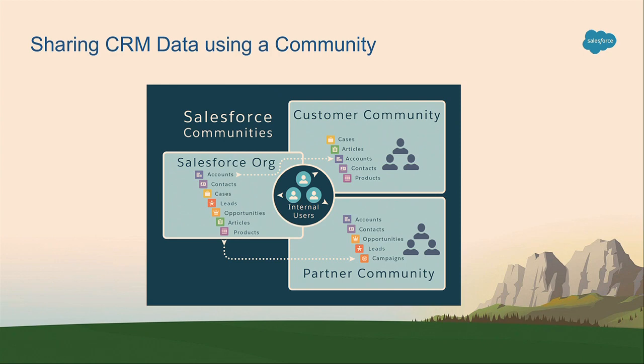For example, whatever the Salesforce org objects are, only internal users have access to those objects. But you might have a use case to expose cases and articles to your customers through Community Cloud, or expose accounts and contacts to your partners, to a partner community. However, when you do that, you need to be mindful about how to expose these in a secure manner.